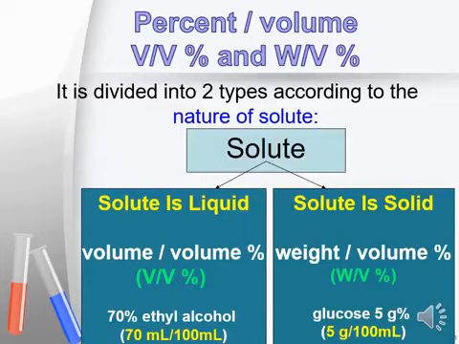When the solute is solid, it is expressed in mass or weight. It is W per V percent, or weight per volume. For example, glucose 5 gram percent. And when the solute's nature is liquid, it is expressed as volume per volume percent, or V per V percent, like 70% ethyl alcohol.